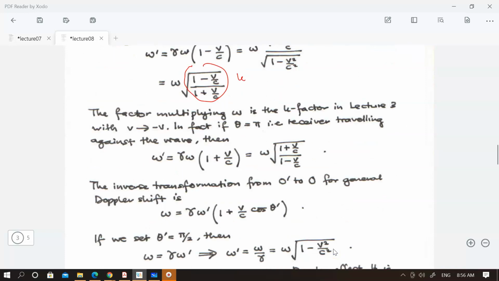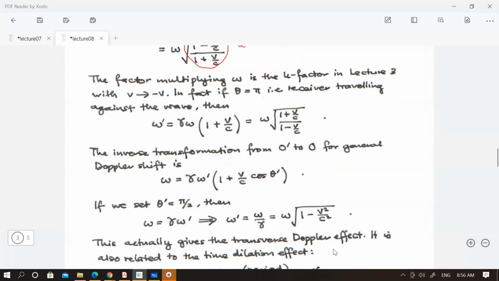Another interesting thing is the inverse case, where I'm just changing omega to omega dash instead. The interesting case is when you set theta dash equals pi over 2. In this case, the reference frame is moving orthogonal to the direction of propagation of light.